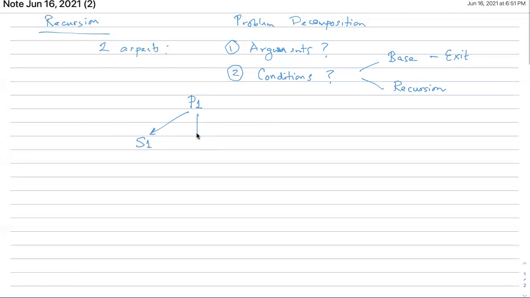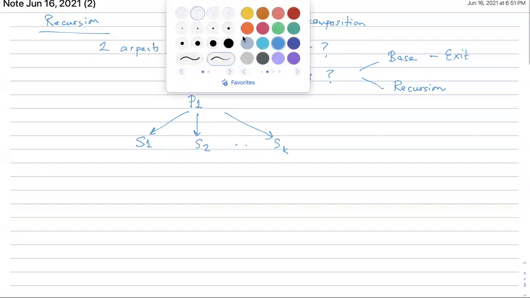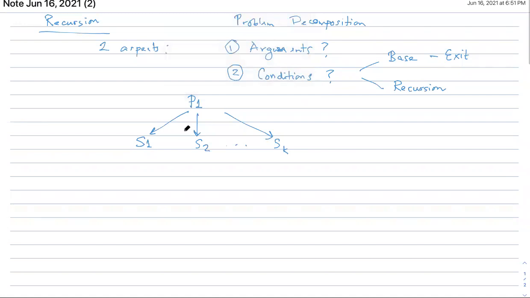So you decompose into S1, S2, up to K different solutions. And then after you get the solutions, the solution is going to return something. This is going to return result R1, this is going to return result R2, and this is going to return result R3.